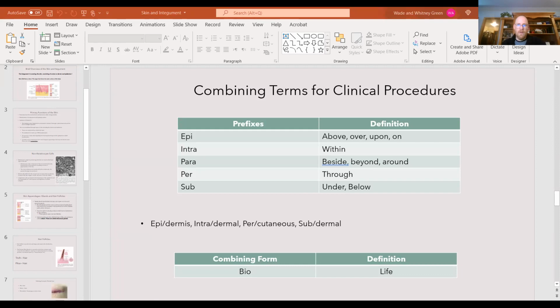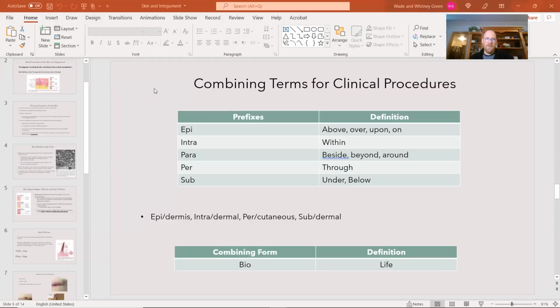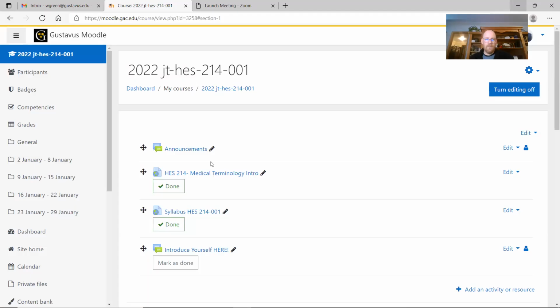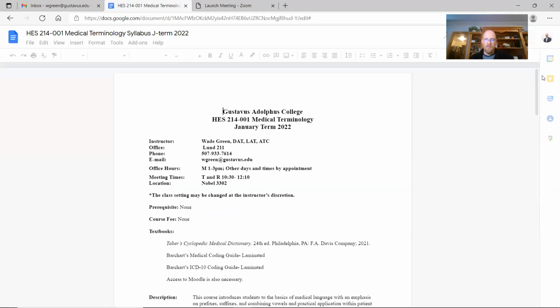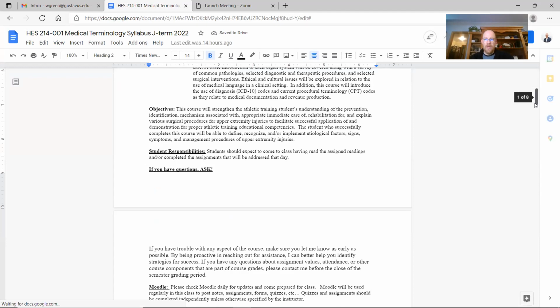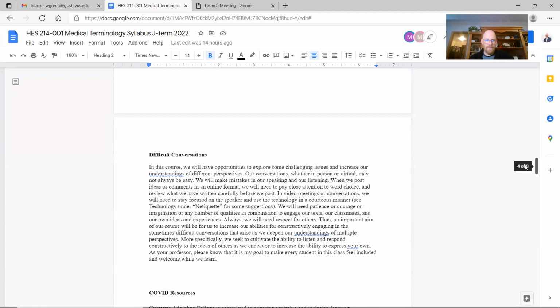I'm going to do my best every week to cut and paste the section of the syllabus from this class, so that would be here, for today, and put that in the Moodle area for the week. That way you can see exactly what's supposed to happen that week.